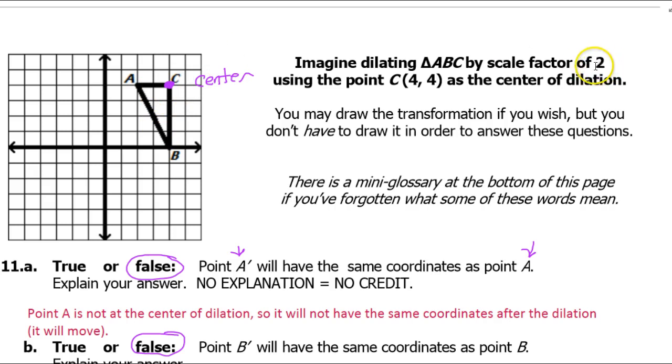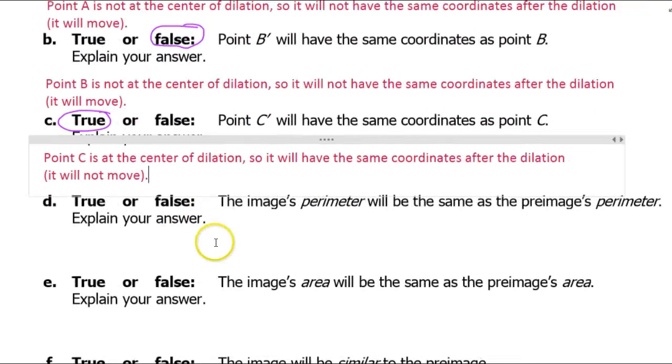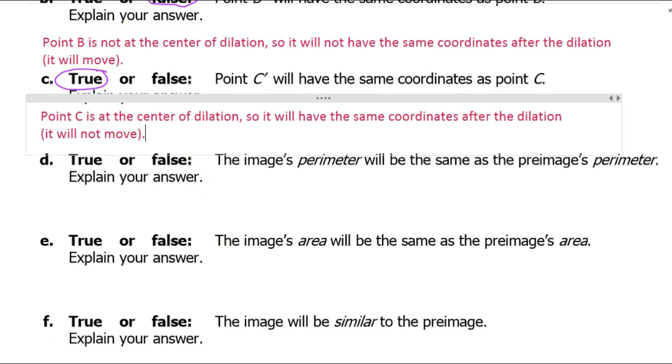But there's a scale factor of 2. So one thing I know for sure, if I do this dilation, the image will be twice as big as the pre-image. So that means the perimeter will be twice as big. All of those distances will double. So that is definitely going to be false.